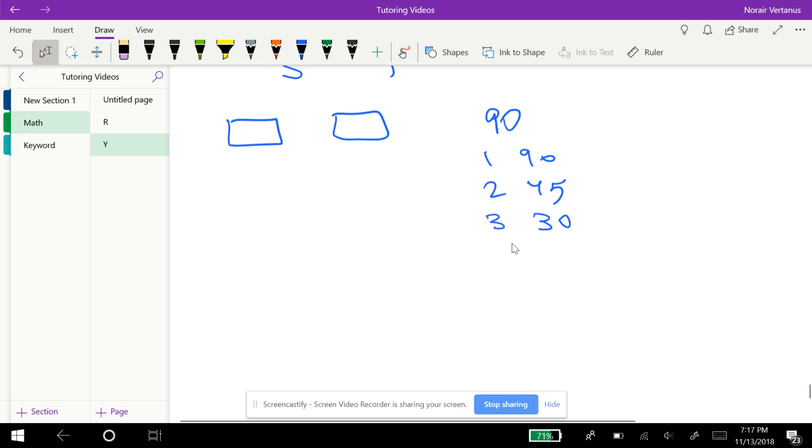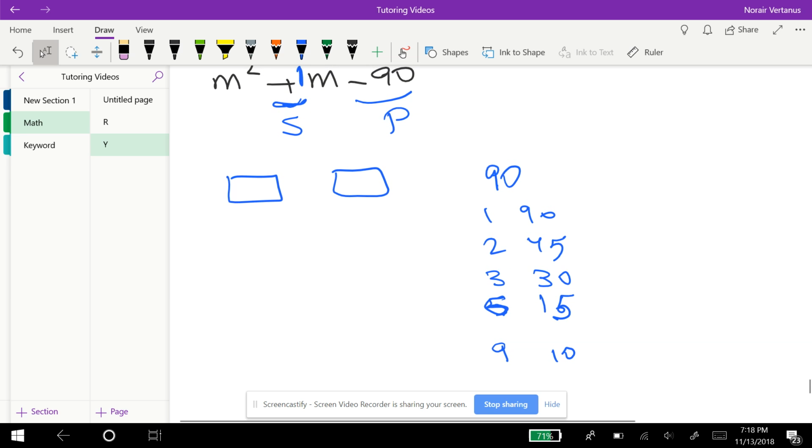And then 4 times, it's not possible. 5 times what? 6 times what? 6 times 15 is going to be 90. And then 7, 8, 9. You see that it's not going to work until you get 9 and 10. You have to say add or subtract to get 1. If you subtract, you get 1, right?